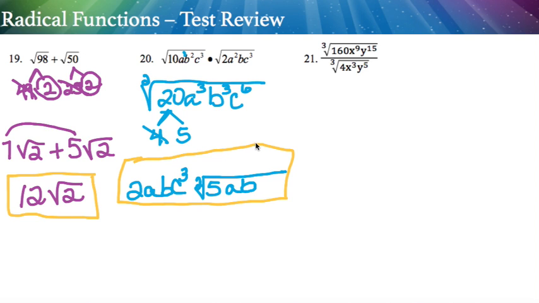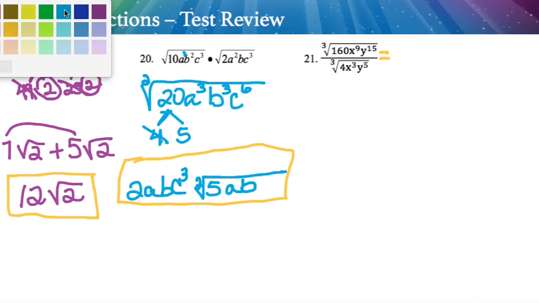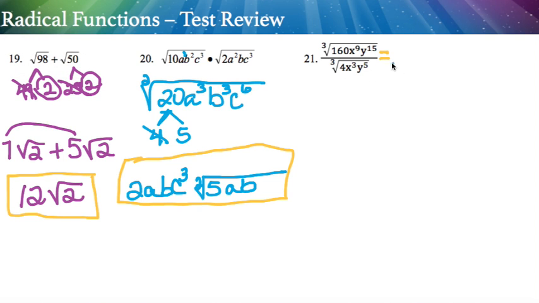Okay. All right. So let's see here. Another one of these crazy division problems that look like, oh my gosh, I'm not going to be able to do it. Okay. And so then I honestly just need to make a radical.